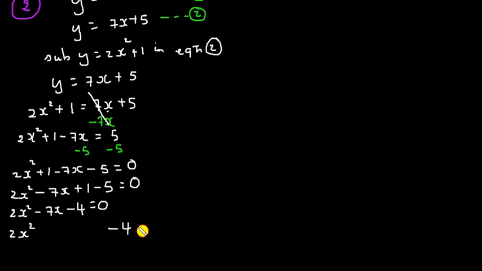The face is 2 and the tail is minus 4. So we multiply the face by the tail, which is 2 by minus 4, and that will give us minus 8.